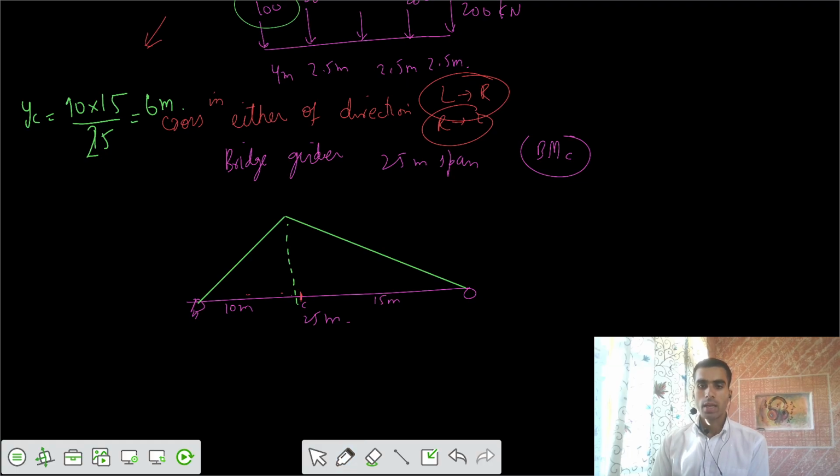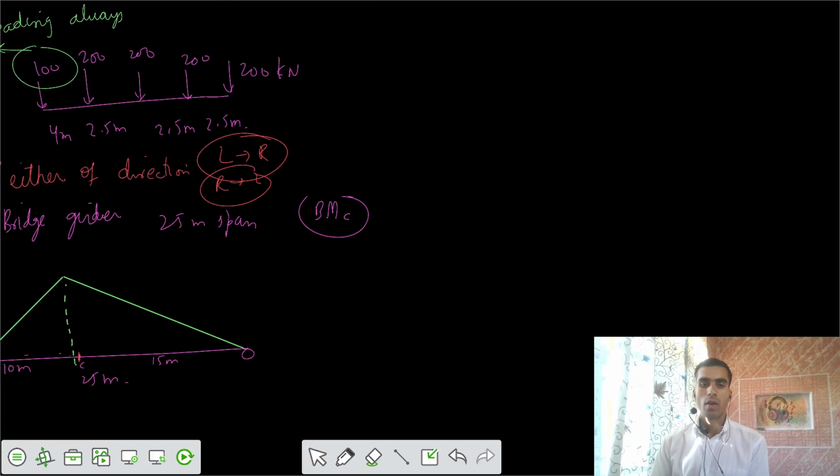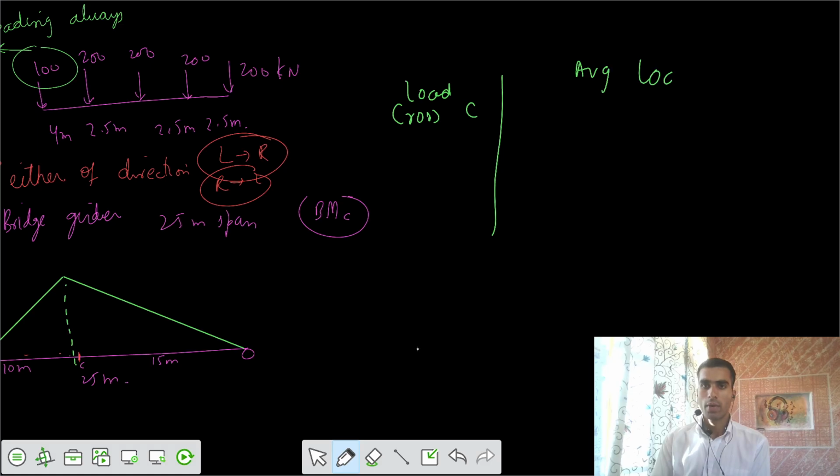Now for the first case, let's roll the loads. We know that the average load on left equals the average load on right, and for that we cross the loads on the section C. So let's cross the loads: load crossing C, then average load on left and right, then we can finally apply remarks.